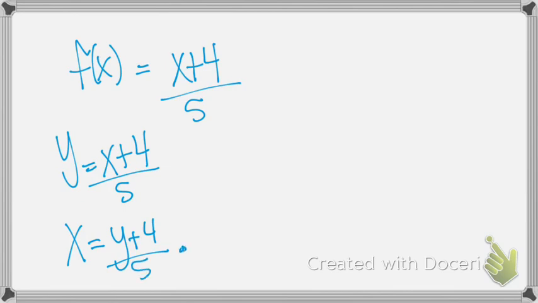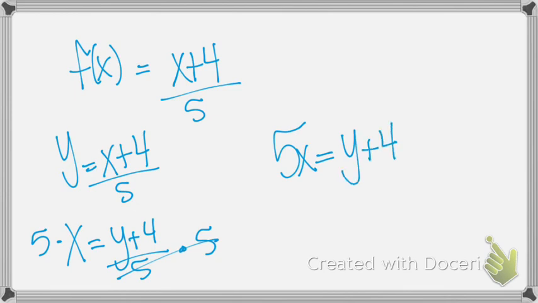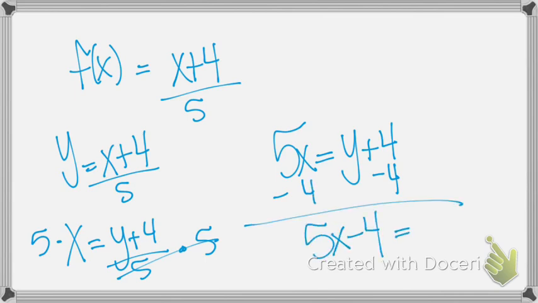So first thing, I'm going to multiply by 5 on both sides, and I'm left with 5x equals y plus 4. To get y by itself, I'm going to subtract 4. 5x minus 4 equals y. That is my inverse. Okay?